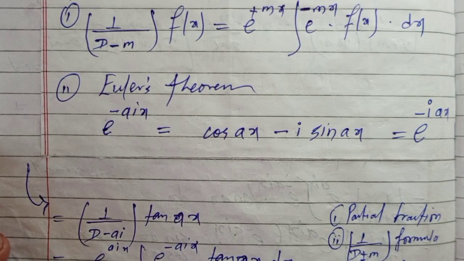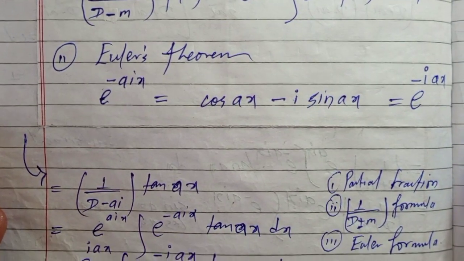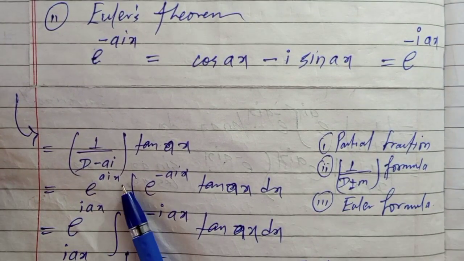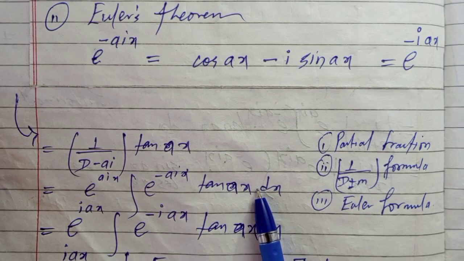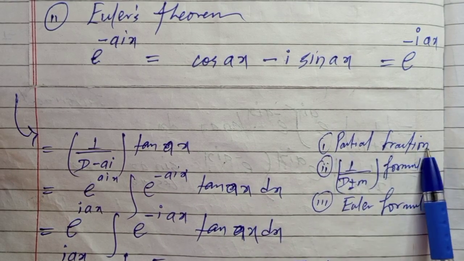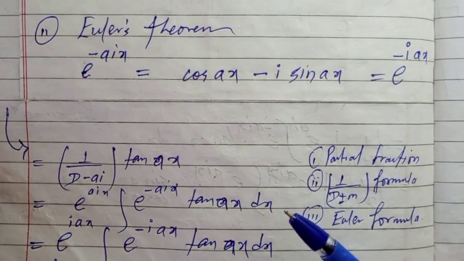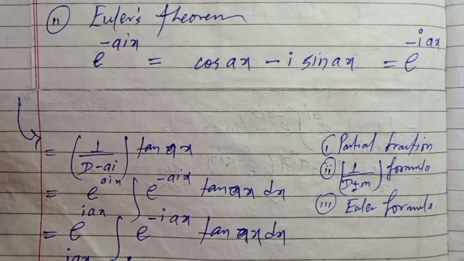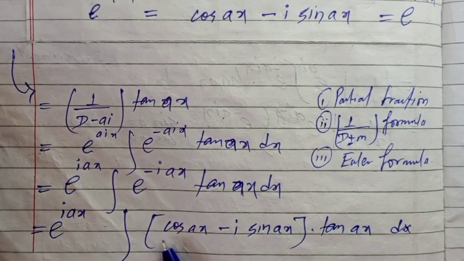Focusing on this term only, we apply the formula, so we got our expression like this. It becomes e to the power aix integration e to the power minus aix tan ax. Up to here, we have applied the partial fraction concept. Then we used this formula 1 by D plus minus m. Then the next step is the Euler formula, meaning wherever there is e to the power iax, we use this value.